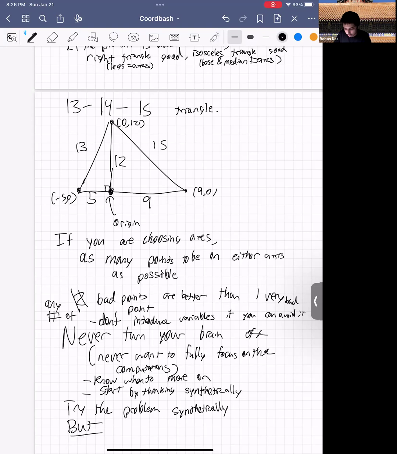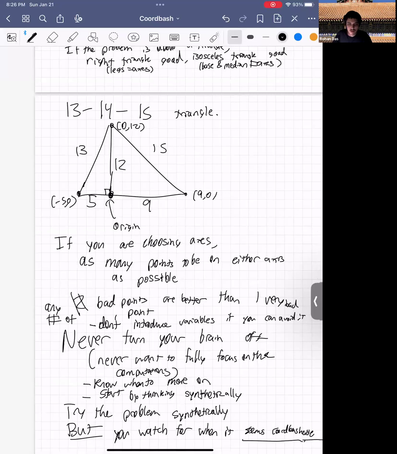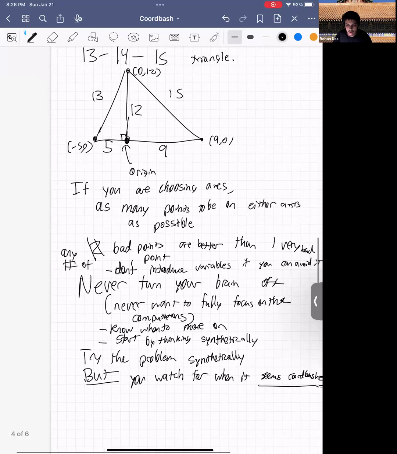But you watch for when it seems coordinate bashable. And when it seems coordinate bashable is a very vague notion that you can develop through a lot of practice, but also no one really wants to practice coordinate bashing that much.